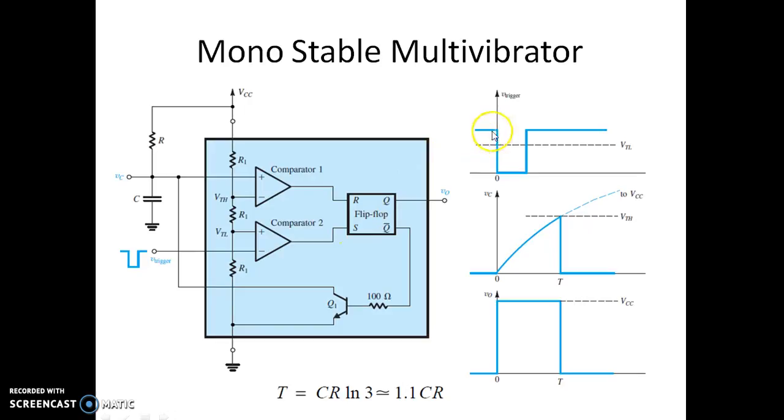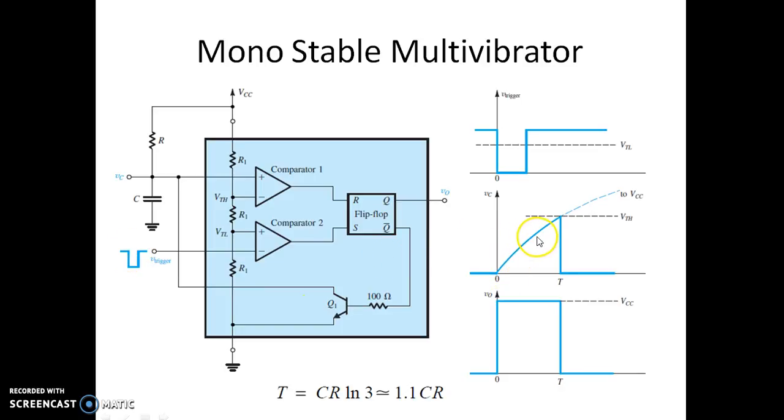It is most important that the trigger signal should go below 1/3 VCC, or in general it should go below VTL. We'll see the summary of the working of this one. Once the trigger signal goes below VTL, the capacitor starts charging.